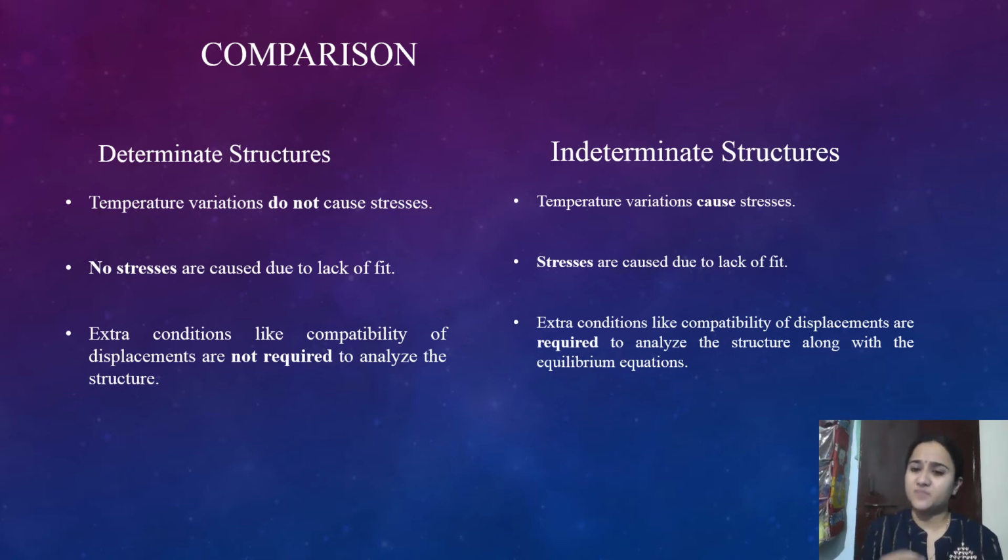Those extra or supporting equilibrium conditions are known as compatibility of displacement, or simply compatibility conditions. So in indeterminate structure along with equilibrium conditions we are going to use some compatibility equations also to find out the unknowns.